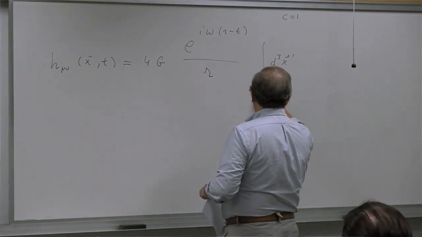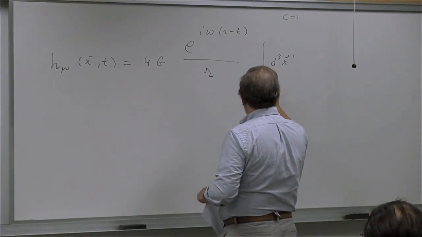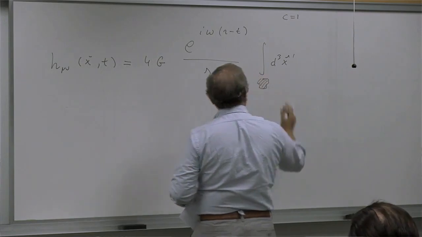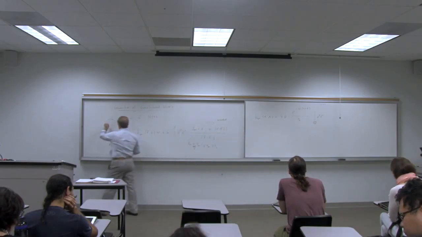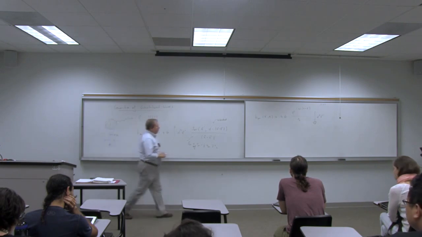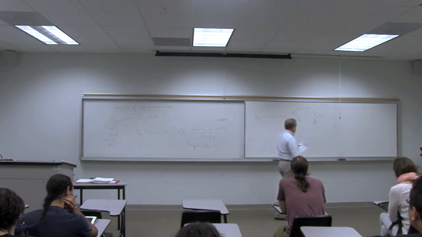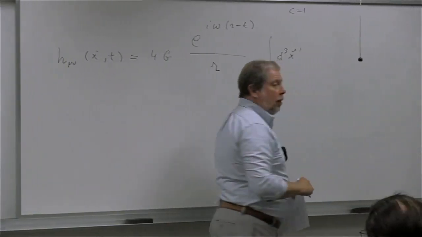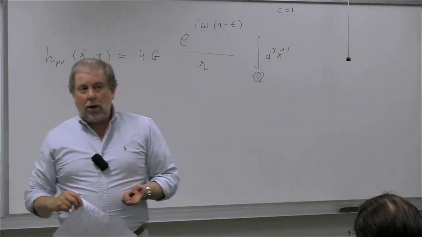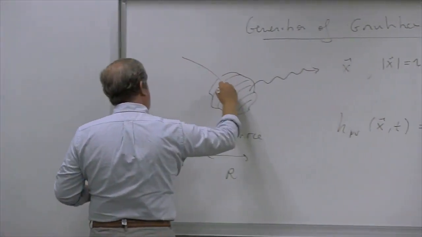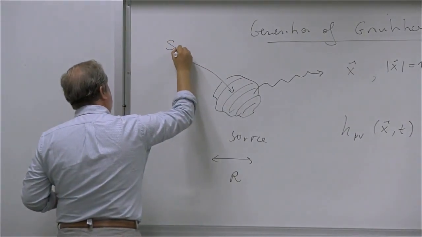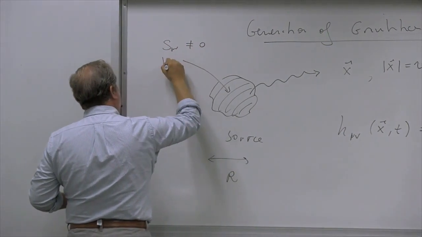And so this integral, of course, is going to be over some region, which is that region that we indicated here, and which is, of course, the region where the S is non-zero. So S_{μν} is different from 0 here.